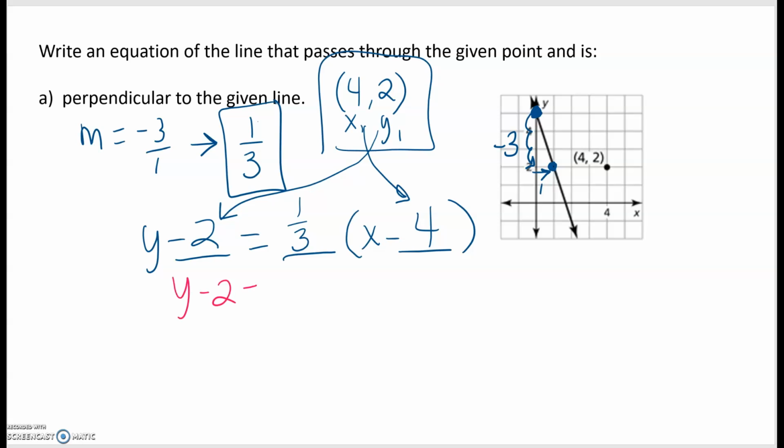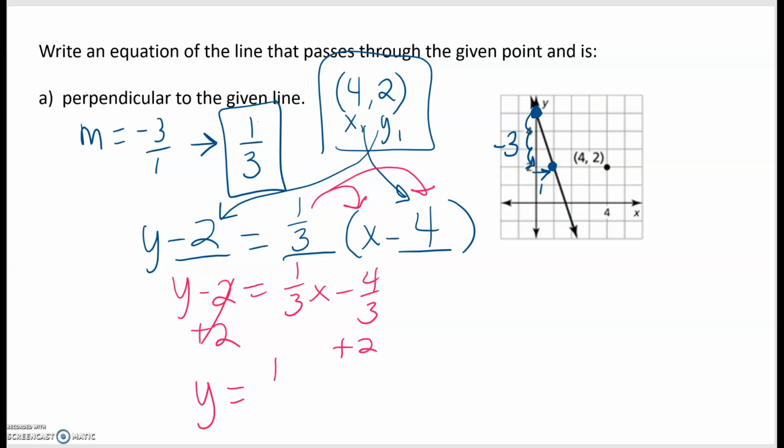So y minus 2 equals 1/3 x, because I'm distributing, minus 4/3. Okay, then I'm going to add 2. So y equals 1/3 x, and feel free to use your calculator here. This should be plus 2/3.